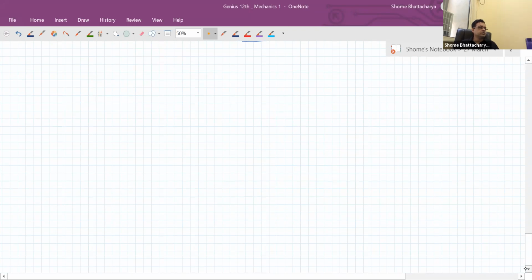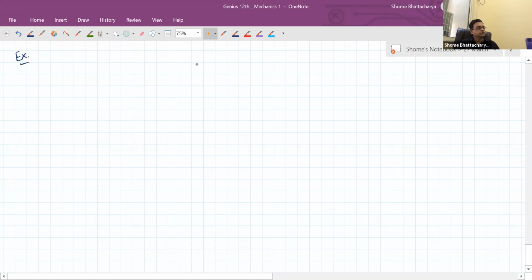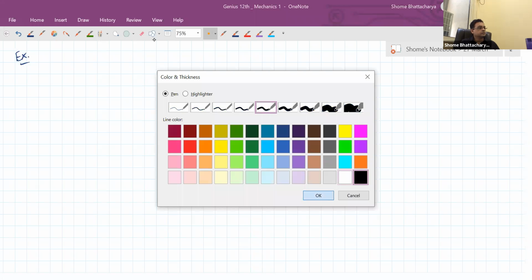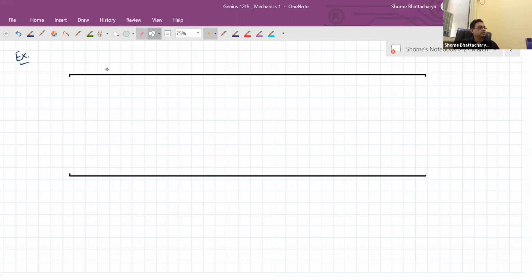Okay, next let's move on to another question. Now we have an object that is moving at a constant velocity v naught on a horizontal, straight line path.